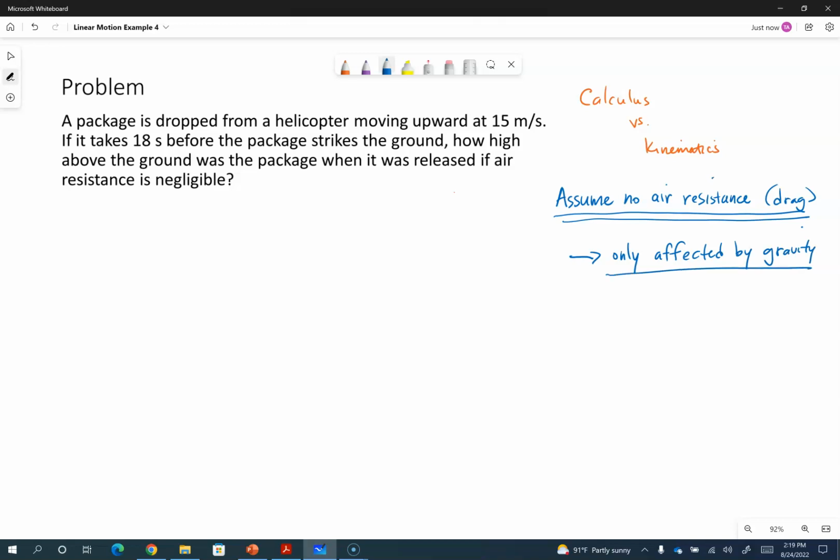In problems where we're assuming an object is only affected by gravity, you're going to see the terminology free fall. The physics definition of free fall is something moving only because of gravity.